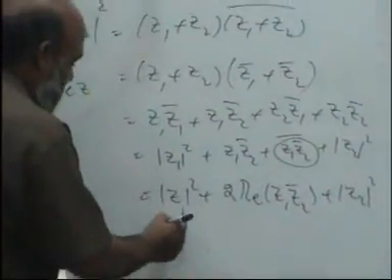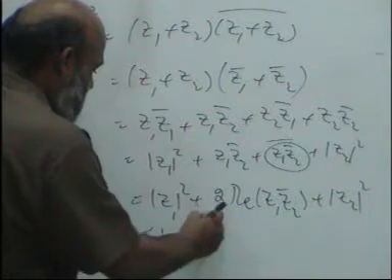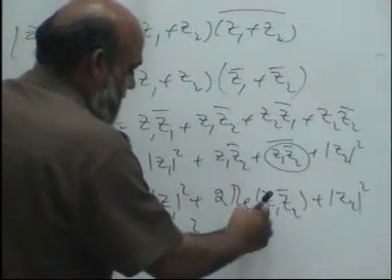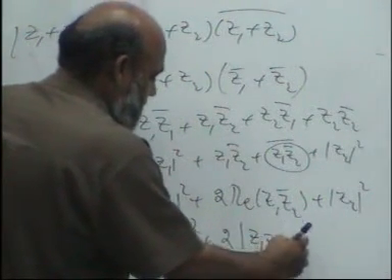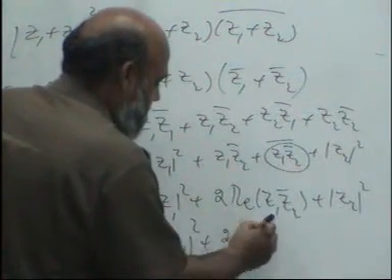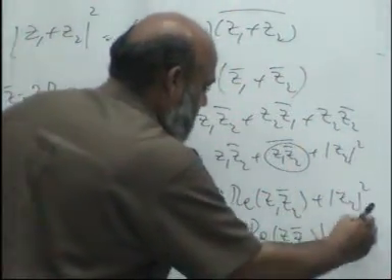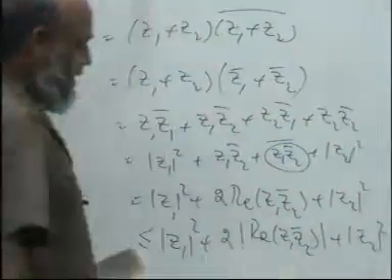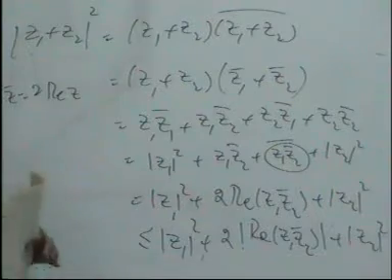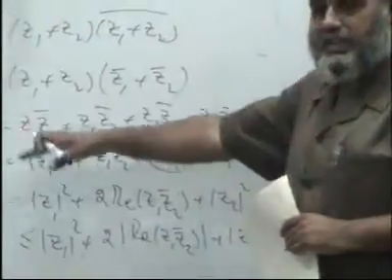This equality will become an inequality over here: twice real of z1 z2 conjugate. We are using this result, that real of z is less than this. So if we replace this with this, the previous thing will be less than this.